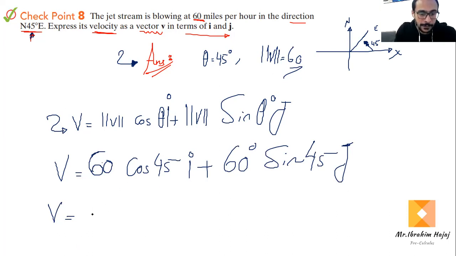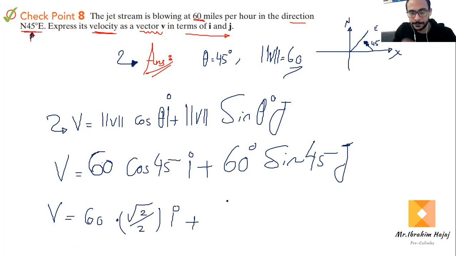So V equals cosine 45 is radical 2 over 2. They told you to leave your answer in terms of i and j, without cosine and sine. Here, cosine 45 and sine 45 are also radical 2 over 2.